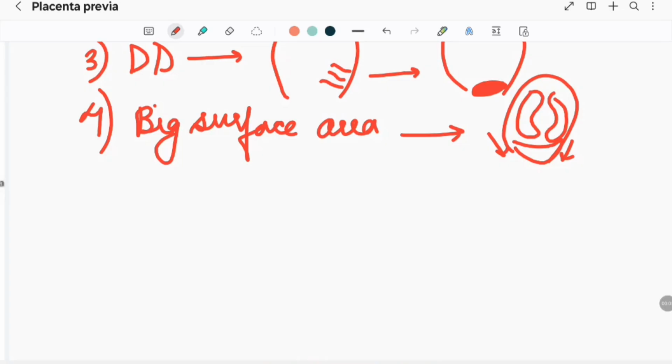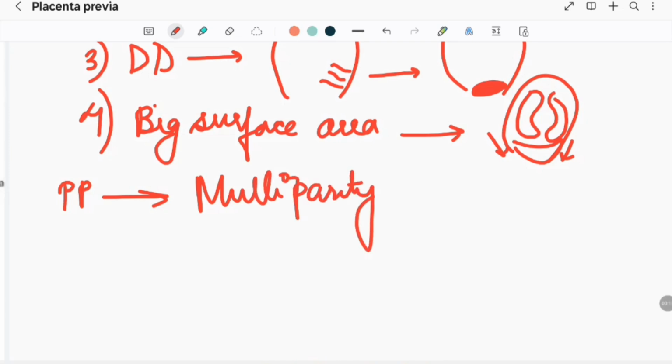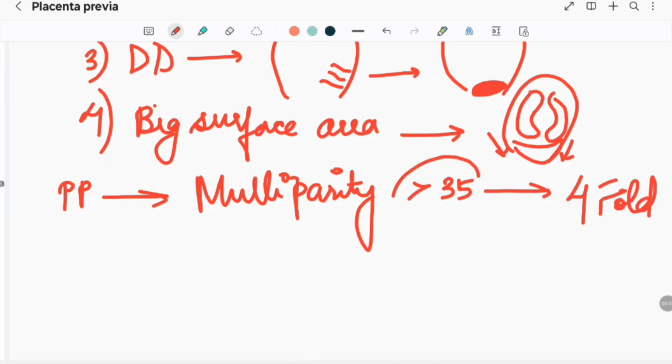Then we discuss the risk factors for placenta previa. There is multiparity, one of the most common factors. Maternal age more than 35 increases the risk fourfold.